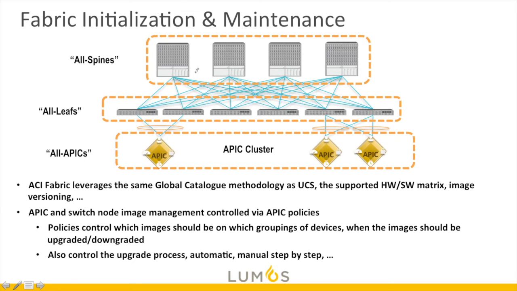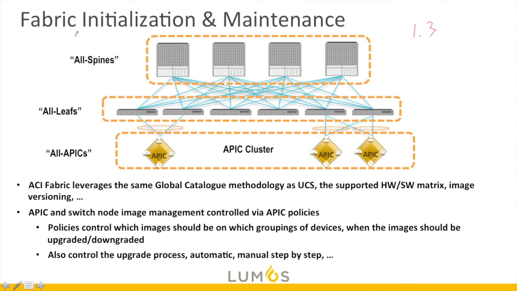You don't need to update every week, but personally I like to keep something within 1 or 2 years of the latest release at the very least. We create policies that control how we upload the images. Let's say everything's running on 1.3 right now: 1.3 is on the APIC controllers, the leafs, and the spines.